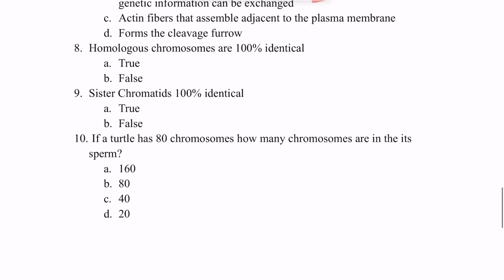Okay, question 8. Homologous chromosomes are 100% identical. True or false? The correct answer is false, right? Because you get one from your mom and one from your dad, and they're different.